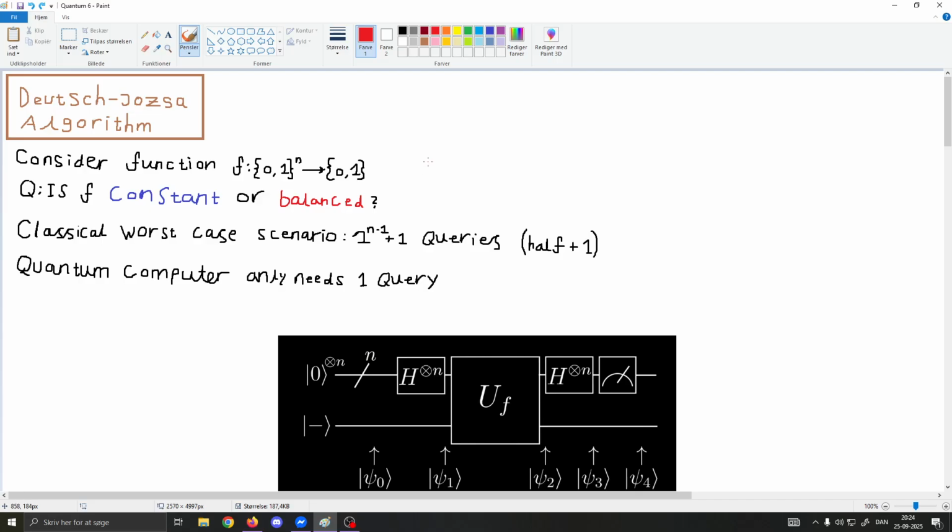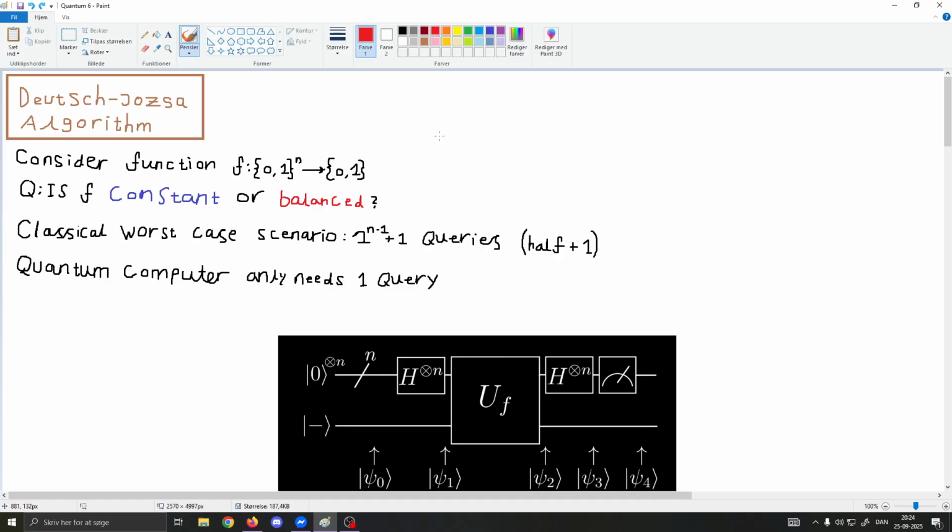So that would mean that the function takes in all permutations of zeros and ones of n length, and it spits out either the same answer for all of them, so 0 or 1, or it spits out 0 for half of them and 1 for the other half.